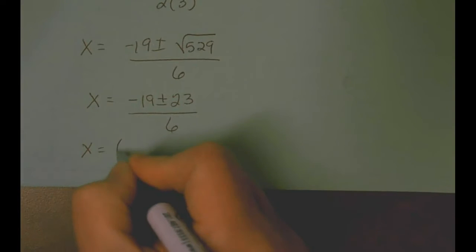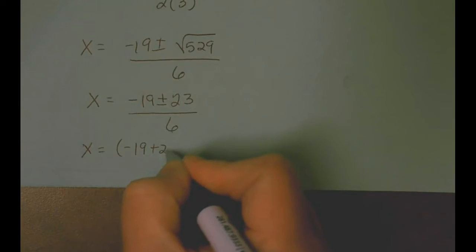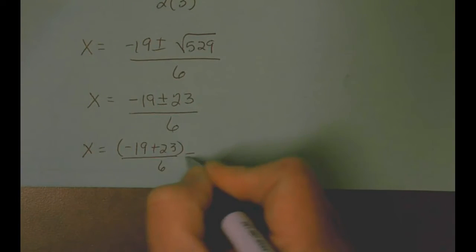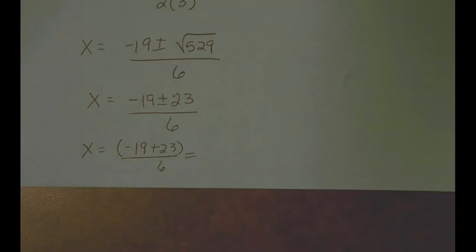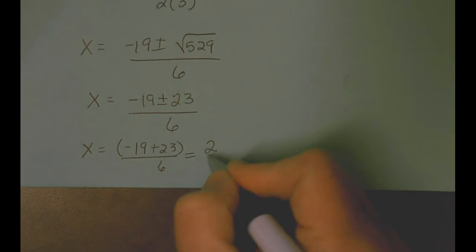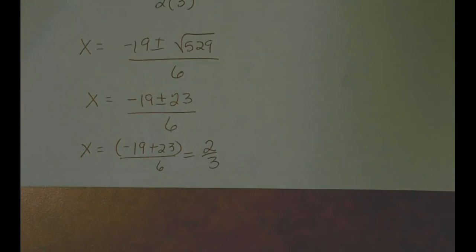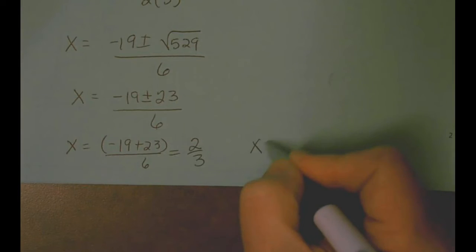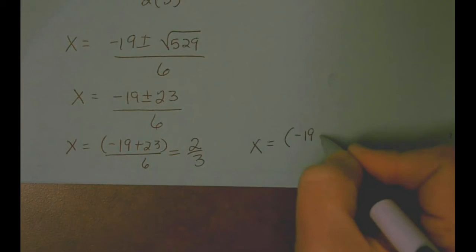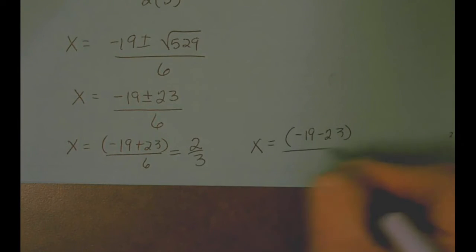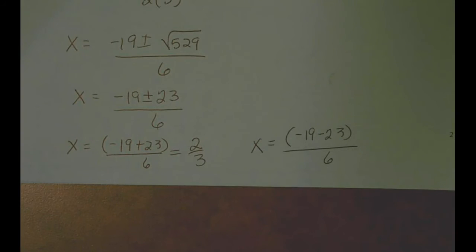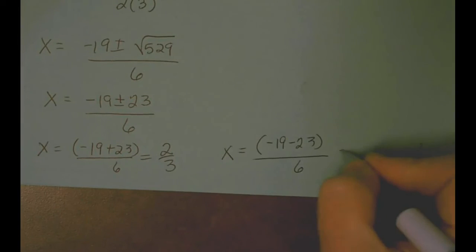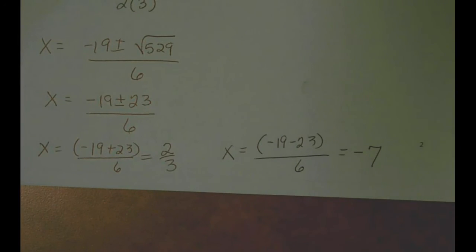X is equal to -19 plus 23 divided by 6. That is exactly 2/3. X equals -19 minus 23 divided by 6. And that will be equal to -7.